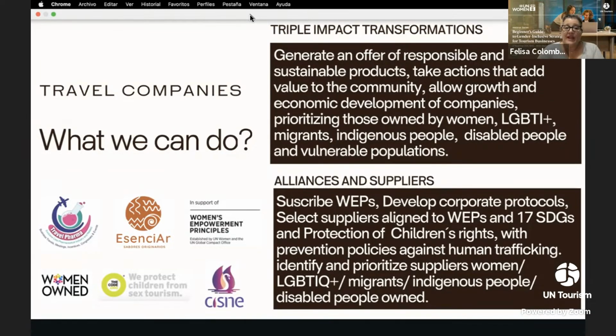This can be achieved by creating supplier registration forms that inquire about these areas and prioritizing the hiring of committed suppliers. It's also crucial to explain to travelers why we have recommended certain services over others. Communicating our actions and commitment will also inspire others to join us in driving change.